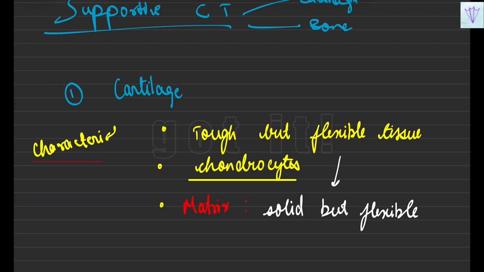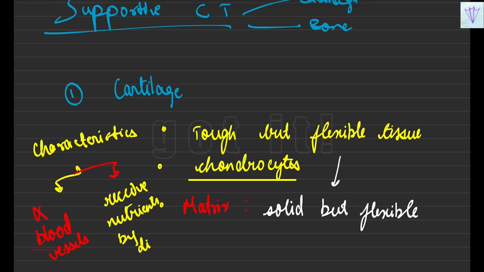Characteristics of cartilage is that it will have no blood vessels, and it will receive nutrients by the process of diffusion.